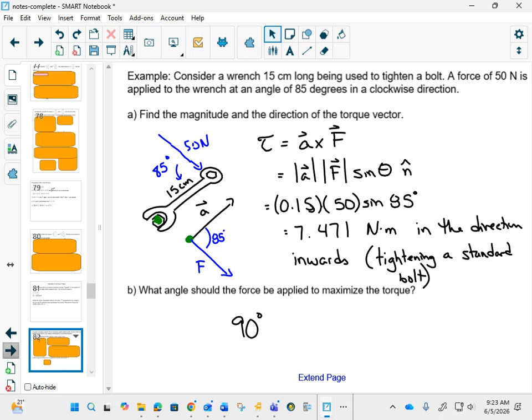And we have to change the length to meters because the units are Newton meters. So this unit needs to be in meters, this unit in newtons. When we multiply them together to get Newton meters, we have to make sure that our units were newtons and meters to begin with. If you left it as 15, I guess you could write your answer in Newton centimeters.